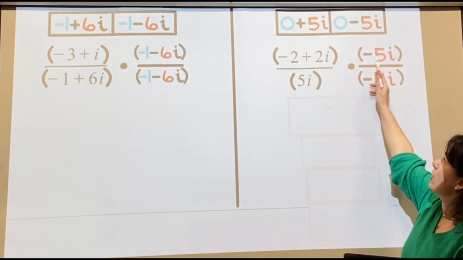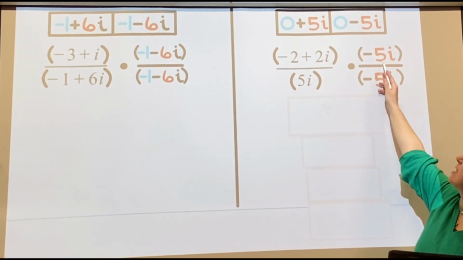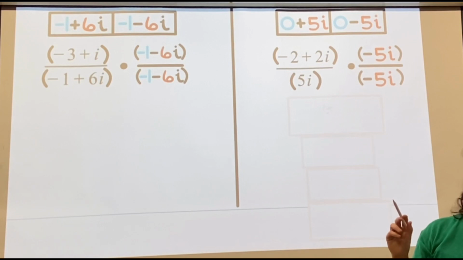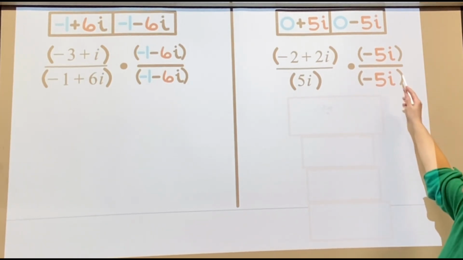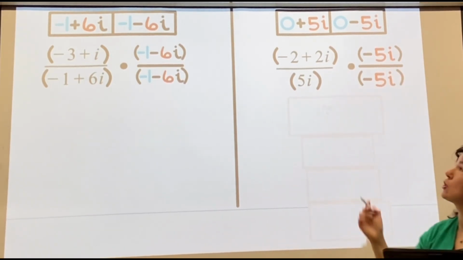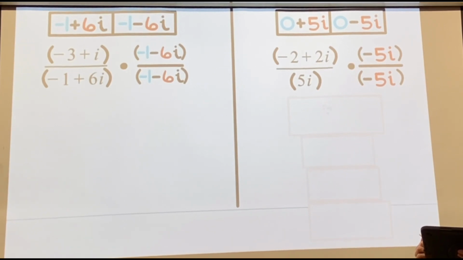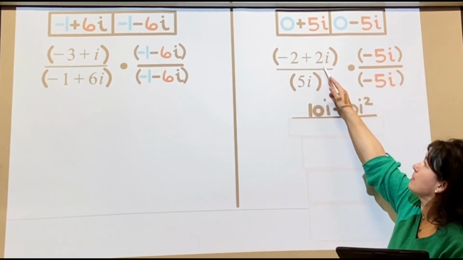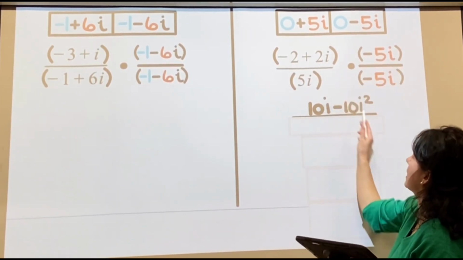When I multiply the numerators together, I'm going to distribute. So negative 5i times negative 2 is positive 10i, and then negative 5i times 2i is negative 10i to the second power. So negative 5 times 2, negative 10, i times i squared.